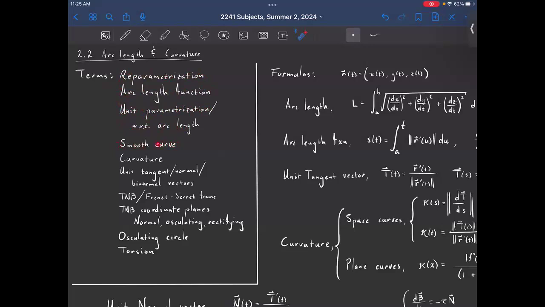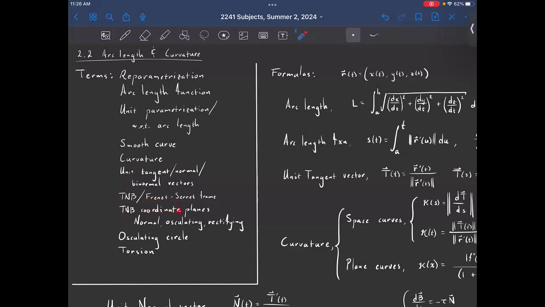We'll have a general idea of what a smooth curve is or looks like. And this is important, curvature, as a measure of something about curves. We'll learn how to compute the tangent, normal, and binormal unit vectors. These will also give us what's called the TNB or Frenet-Serret frame.